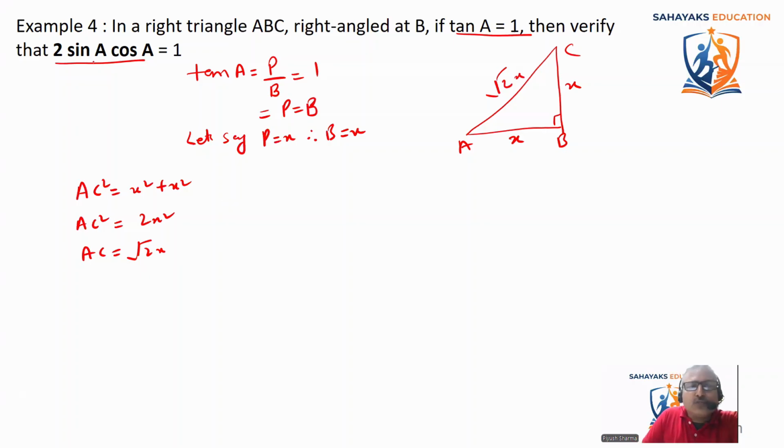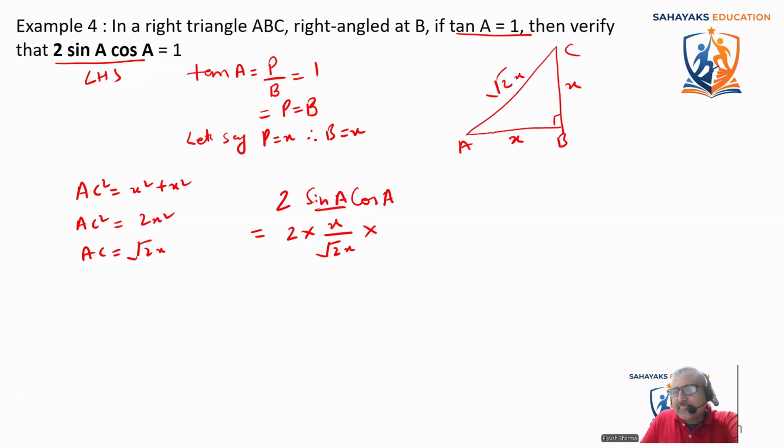Now we have to find the value of 2 sine A cos A. Taking the left hand side, 2 sine A cos A is equal to 2 multiplied by sine A, which is perpendicular by hypotenuse, so x divided by square root 2 x, multiplied by cos A, which is base divided by hypotenuse, so x divided by square root 2 x. Now this x will cancel out with x.